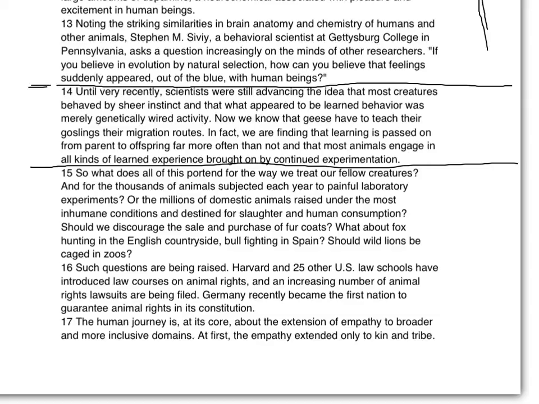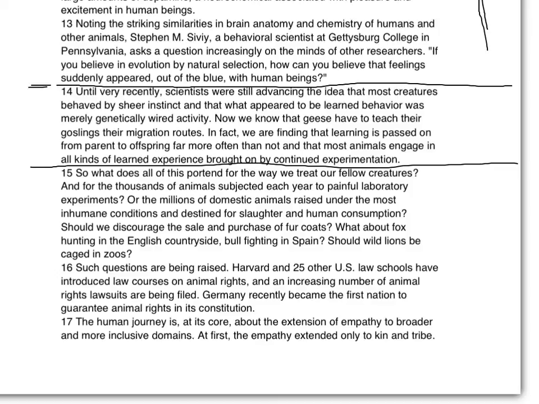So what does all this portend for the way we treat our fellow creatures, and for the thousands of animals subjected each year to painful laboratory experiments, or the millions of domestic animals raised under the most inhumane conditions and destined for slaughter and human consumption? Should we encourage the sale and purchase of fur coats? What about fox hunting in the English countryside, bullfighting in Spain? Should wild lions be caged in zoos?